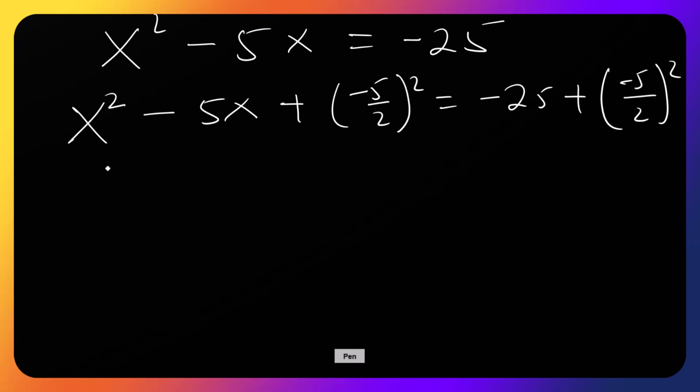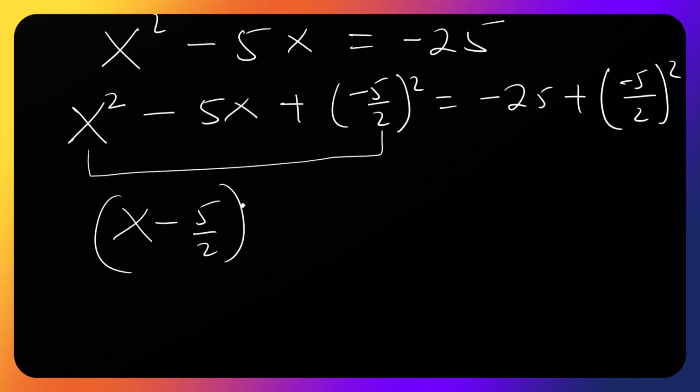Alright, so from here, this one will match with this. So that will be x minus 5 on 2 all squared equals, so this one will be 25 on 4 minus 25.